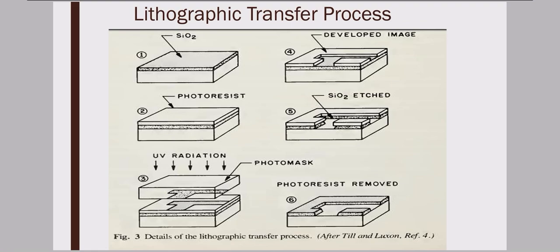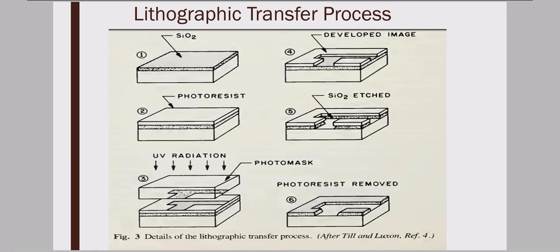First, we have an SiO2 layer over our substrate, and then in the second step we apply a photoresist. What a photoresist is and what the types of photoresist are, we are going to discuss.